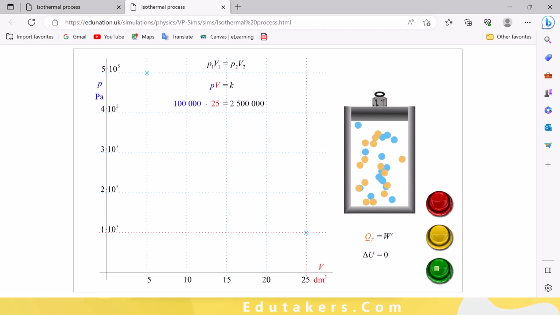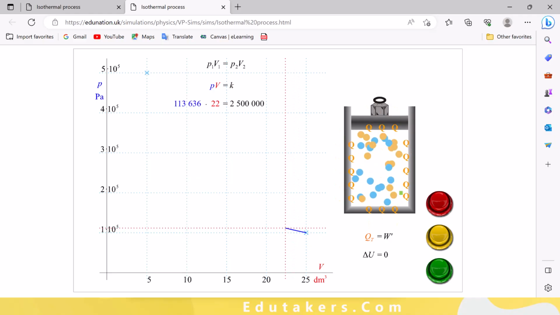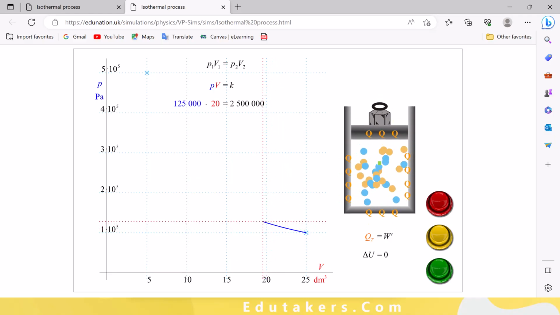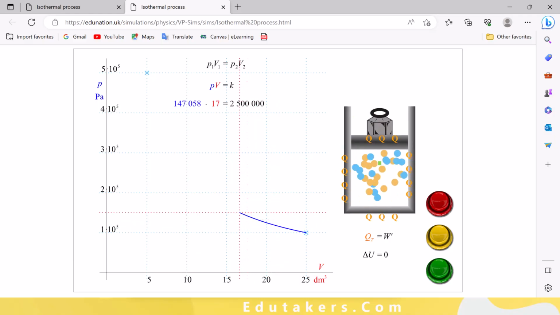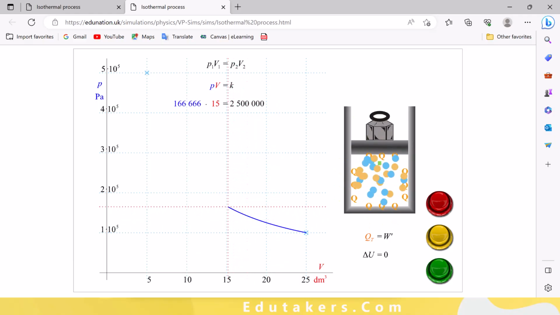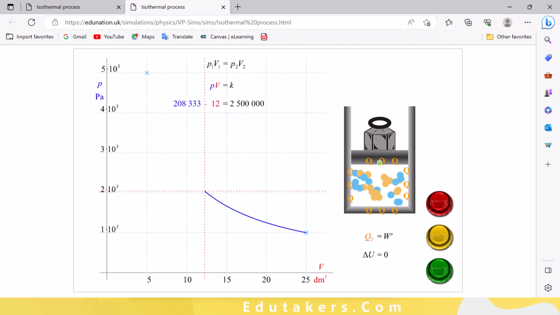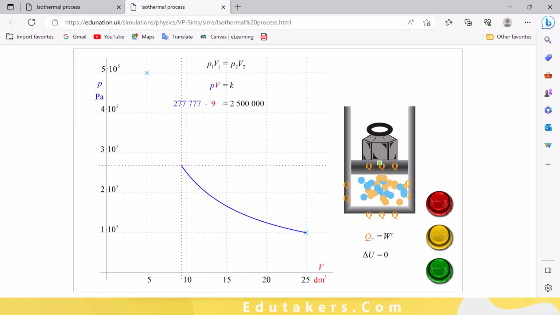Now I'm going to start it. Here I'm going to decrease the volume. You can see this piston is moving in a downward direction, meaning that the volume is decreasing. By decreasing the volume, the pressure increases because both of these are inversely proportional to each other. Then you get a curved graph for the pressure and volume, which is for Boyle's law.